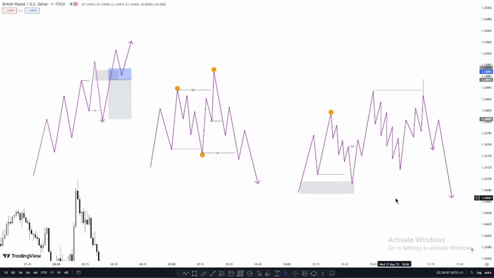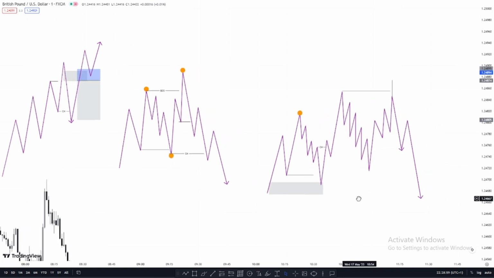Now, let me show you the third way. The third way is price, after it tapped into this point of interest, it now created this change of character here. That means that this downtrend, this internal structure downtrend, is over. Once it takes this place out, it is over. All right?